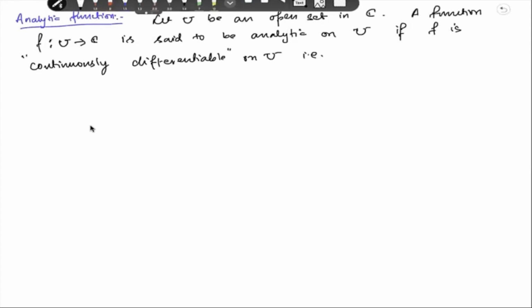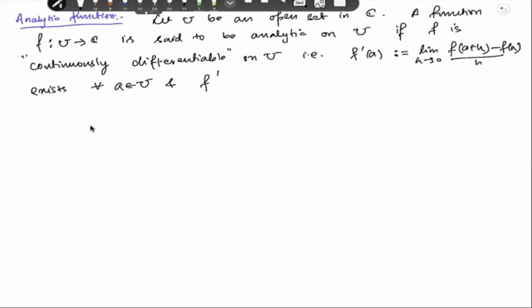So that is, f prime of a is nothing but this limit, f of a plus h minus f of a divided by h, exists for all a belonging to U, and this derivative f prime is continuous. So f prime is continuous on U.